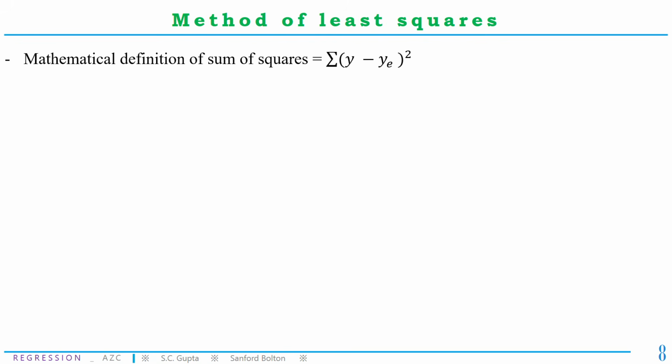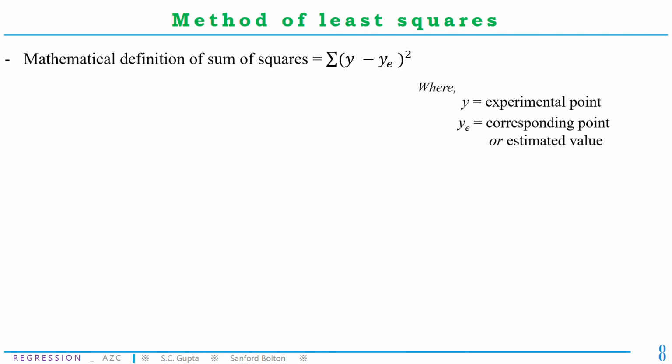Mathematical definition of sum of squares is sigma of (y minus y e) whole square, where y is the experimental point and y e is the corresponding estimated value.